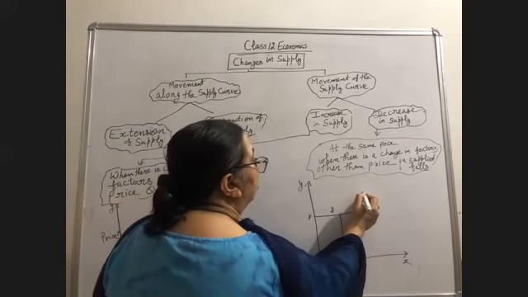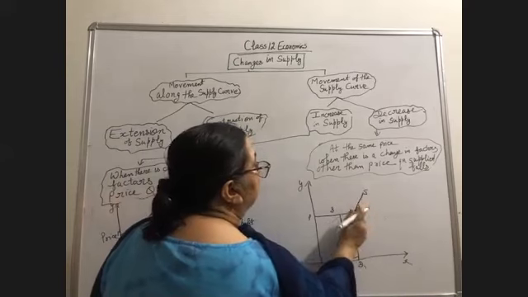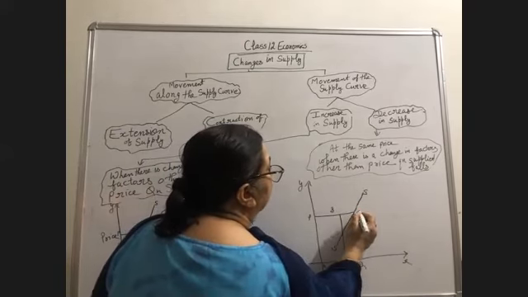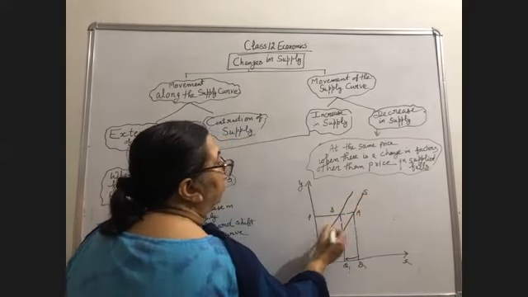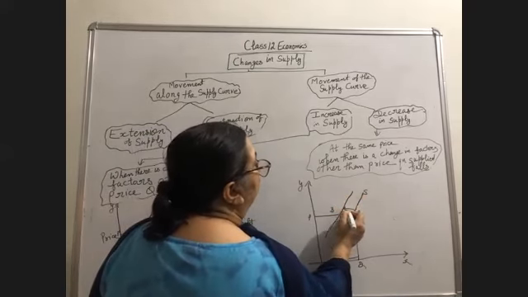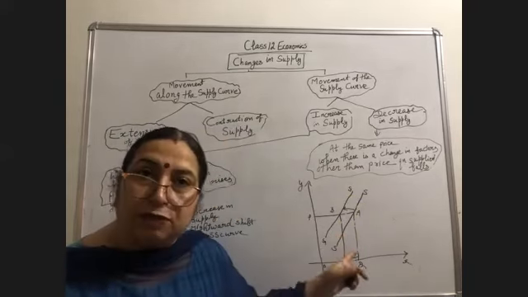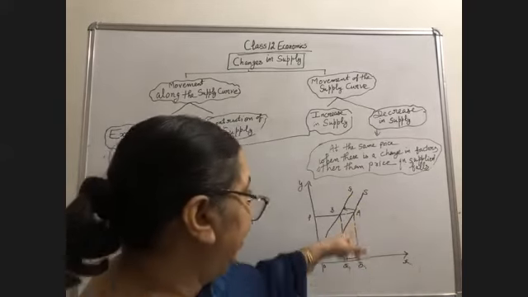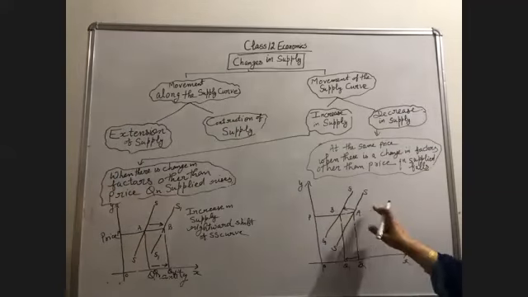Earlier our supply curve was this one, SS, passing through A. This is A. Now a parallel shift, a leftward shift, has gone from A to B. I have named it S1 so that you know this is the new supply curve. SS is the original supply curve.